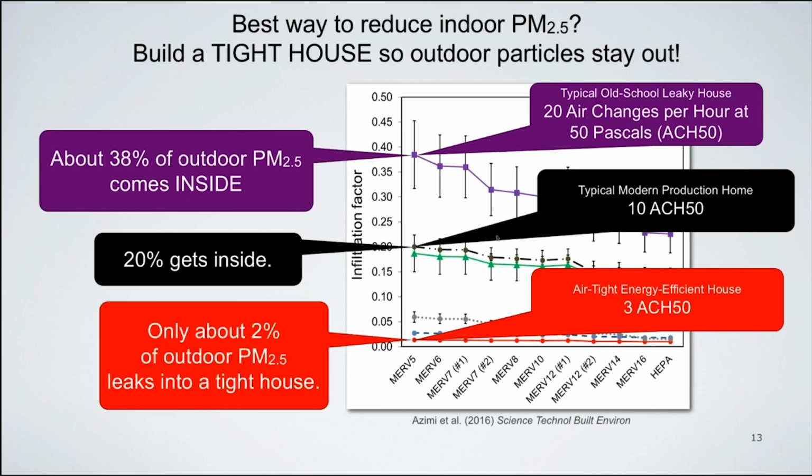And if you're sealed up to 3 air changes per hour, that's pretty tight, and it's actually close to, for a lot of the U.S., the international code target for air tightness in houses, in the 3 to 5 air changes per hour at 50 pascals range. And now only about 2% of what's outdoors is found indoors.